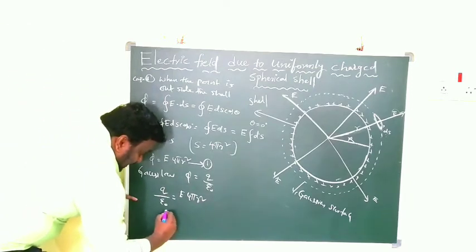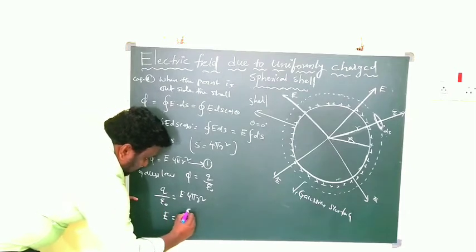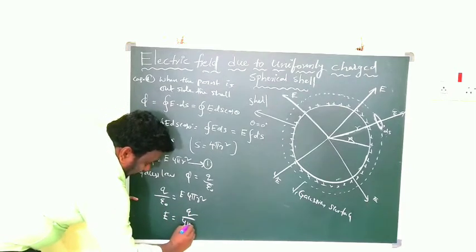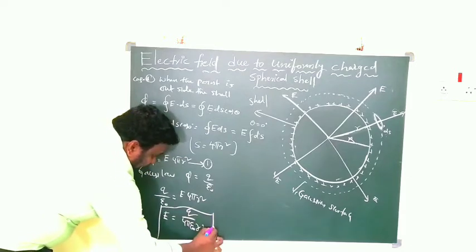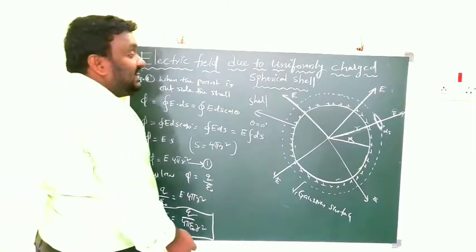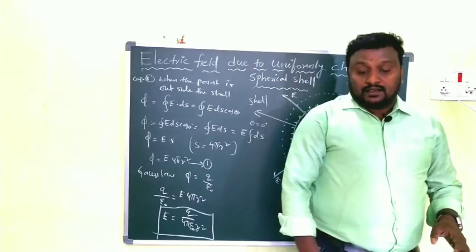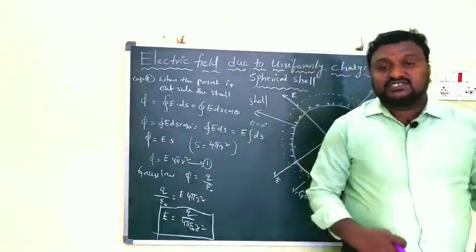Then from that, E is equal to Q by 4 pi epsilon naught r square. This is the expression for electric field intensity when the point lies outside the spherical shell. Clear, children? It's very easy to understand.